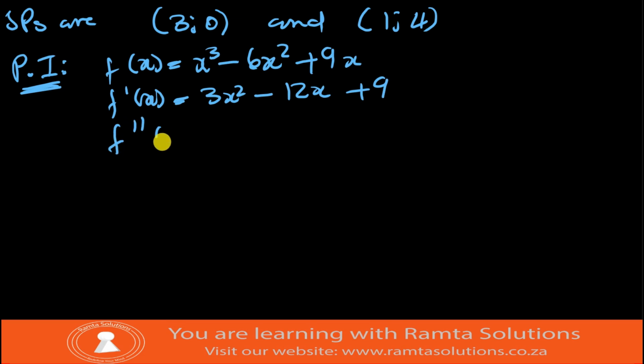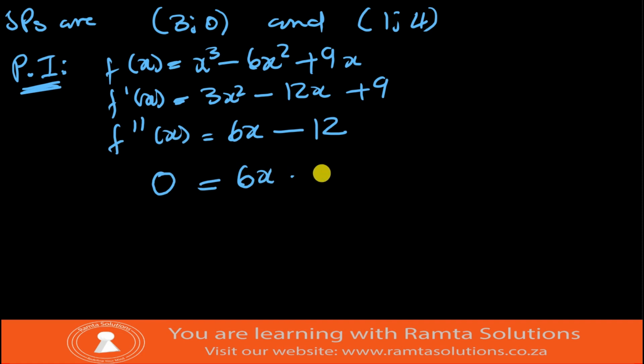F double prime x will be 6x minus 12. We need to equate f double prime to 0. So 0 equals 6x minus 12, which is 12 equals 6x. Therefore, x equals 2.